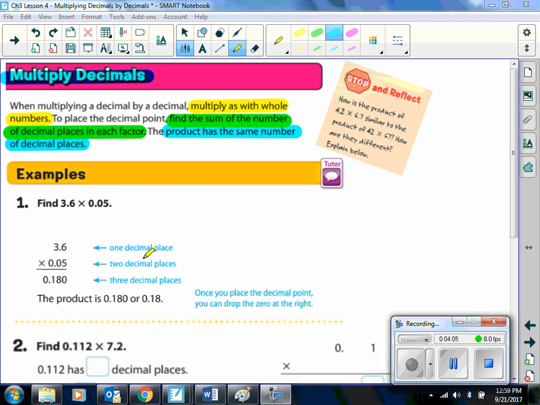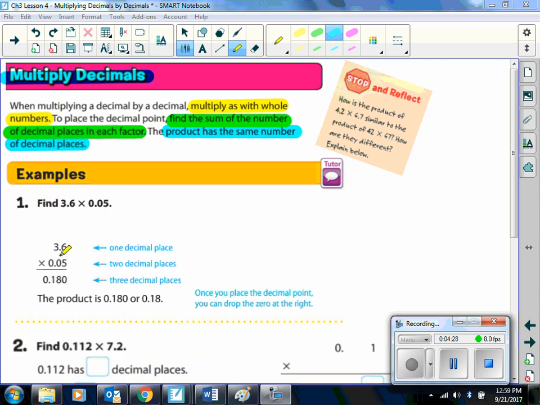So for example 1, we have 3 and 6 tenths times 5 hundredths: 3.6 times 0.05. We multiply like normal, and we end up with 180. 6 times 5 is 30, carry the 3. 5 times 3 is 15, plus 3 is 18.